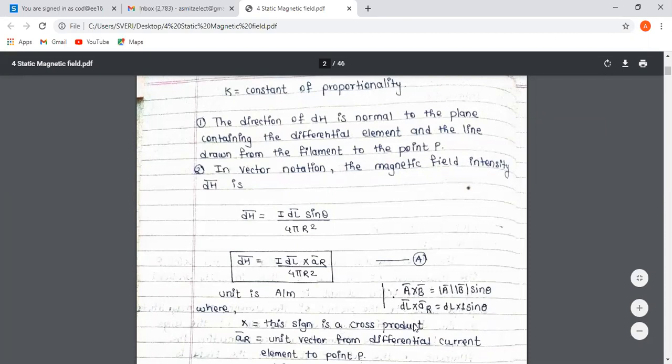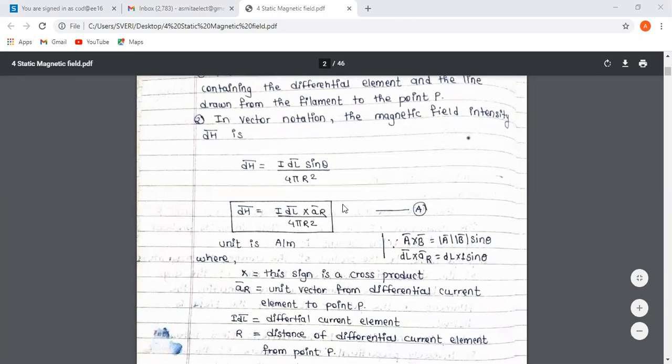Similarly here, mod of this vector dl bar is nothing but only dl, the magnitude of vector dl bar. Similarly, mod of unit vector a bar r, its magnitude, is 1. So we get only dl into sine theta. It means there is no effect if I multiply by a unit vector, so that we can write this term in terms of the cross product.